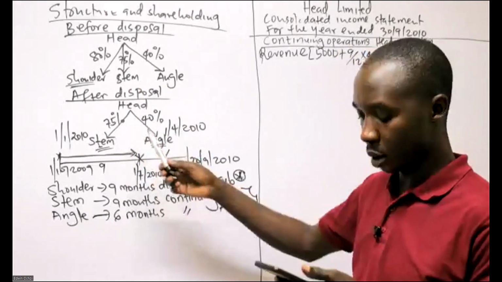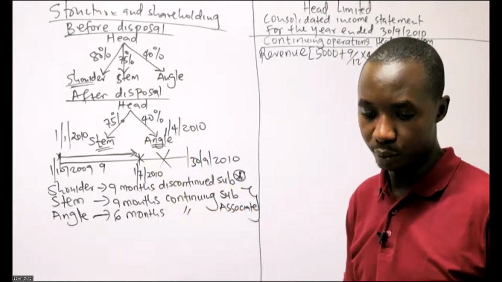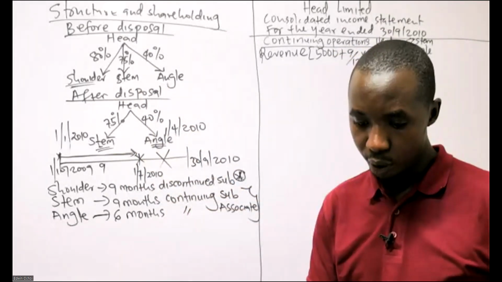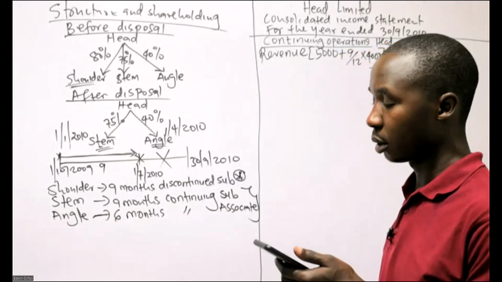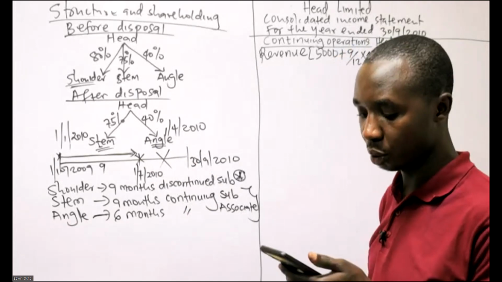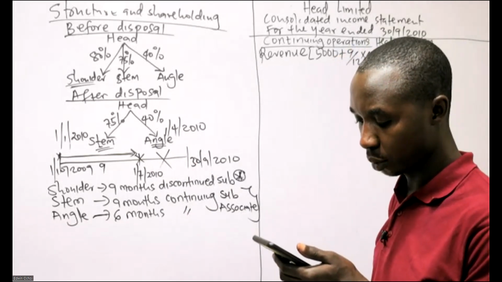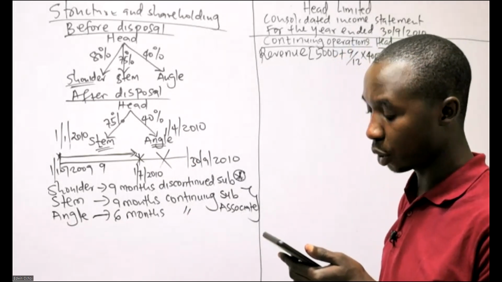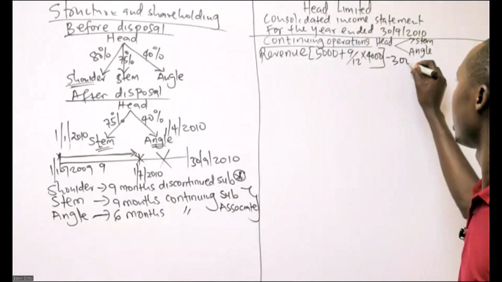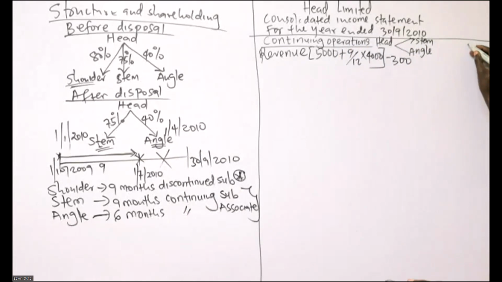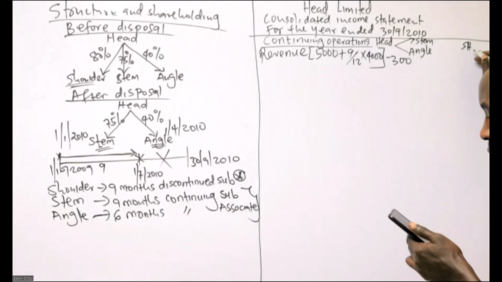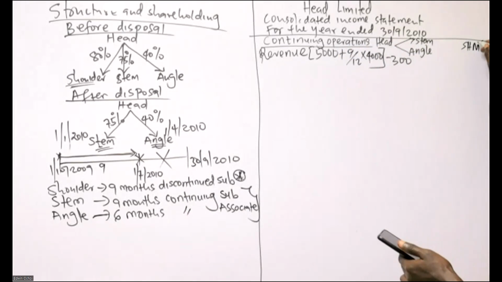So under the additional information, did the parent sell to the subsidiary, or the subsidiary sell to the parent? Number 4, Head to STEM. The selling price is 300. That is the only thing you minus there. Shillings are in millions.